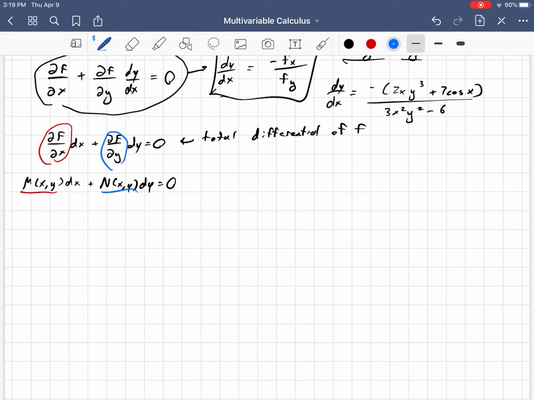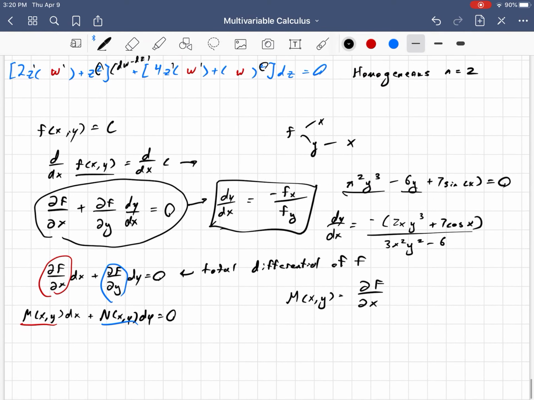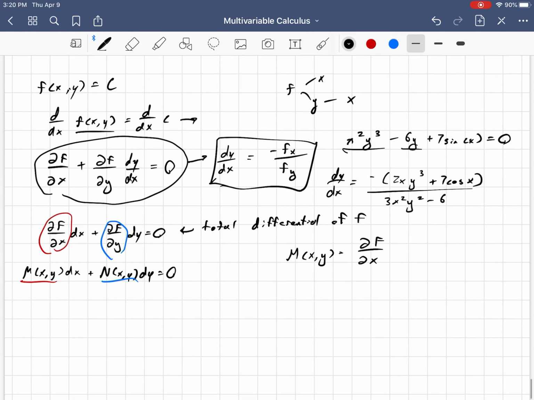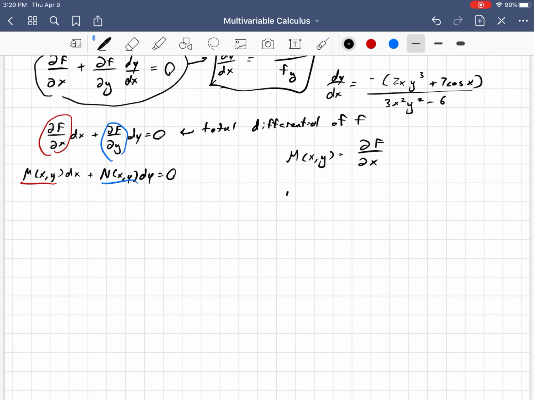I went through it because if you compare coefficients here, then it should really be obvious that m of xy is nothing but the partial of f with respect to x, where this capital F here is the solution to the differential equation, because after all, we just took the derivative of f, now we're just undoing it. And likewise, n of xy is partial f with respect to y.